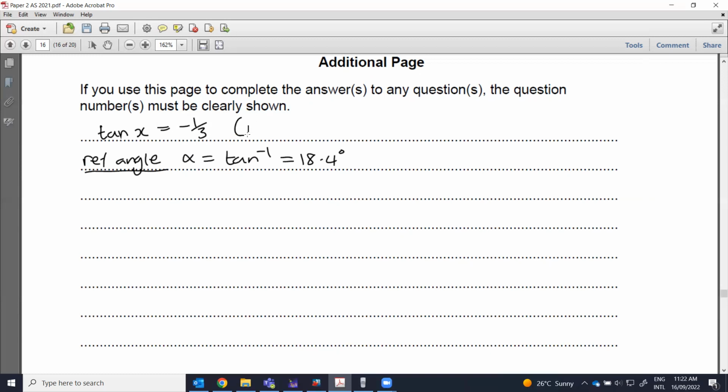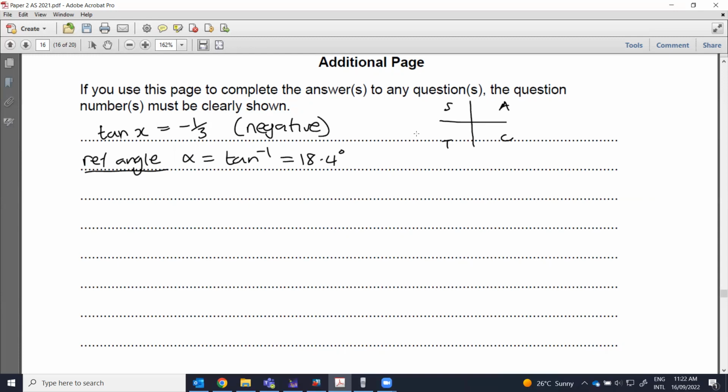Then you look at the number that you have on the right-hand side. This is a negative number. Then from your CAST diagram, you ask yourself, in which quadrants is tan negative? Tan is negative in the second and the fourth quadrant.